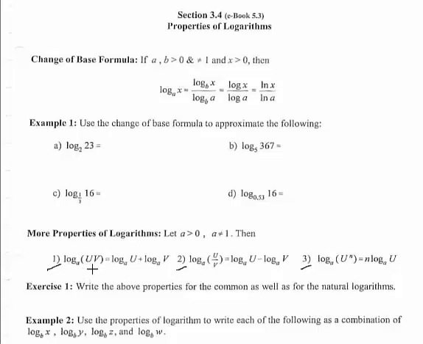Okay, and what they're doing is they're showing us a different way that we can write the log function if our argument can be written as a product. So for instance, up above, log base 1/3 with the argument of 16 could have been written as an argument of 4 times 4.